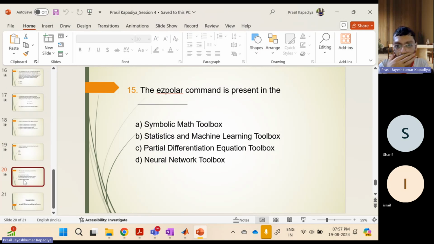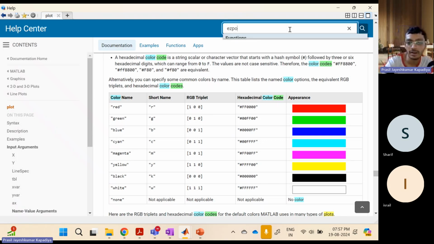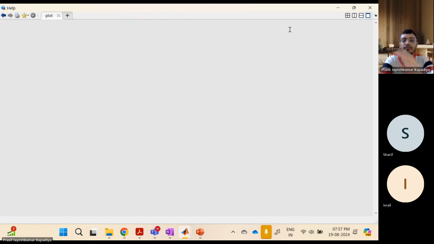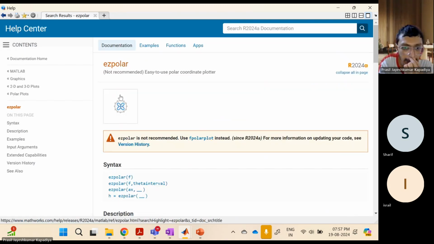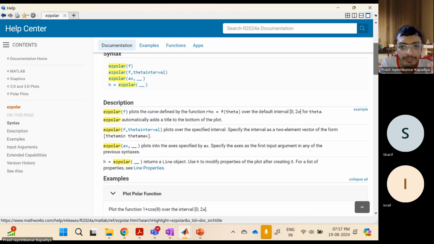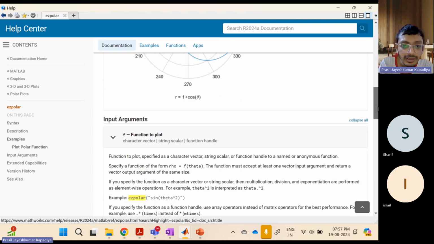Next question, the EZ polar command is presented in, it is in symbolic math toolbox. If we search EZ polar, so see it is dealing with theta.